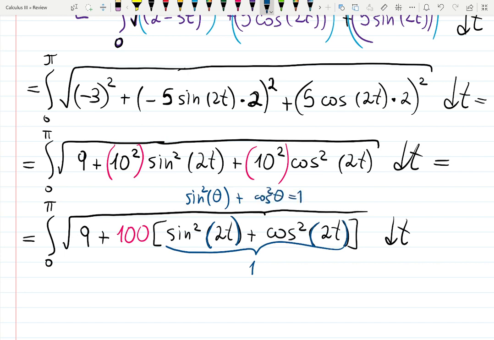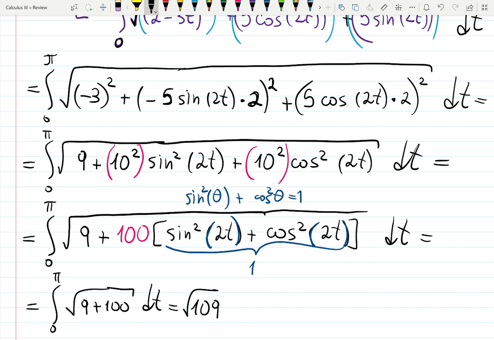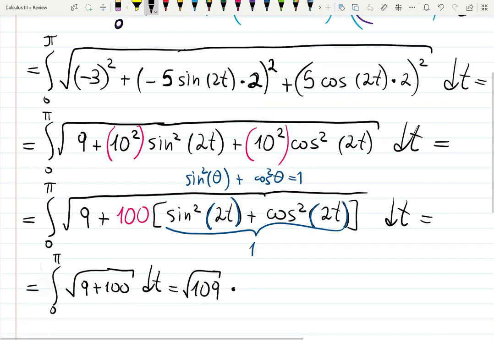Theta here is 2t. So after all, we ended up with the integral from 0 to pi of the square root of 9 plus 100 dt. So it's going to be square root of 109 times pi. Do you know how I got it so fast?